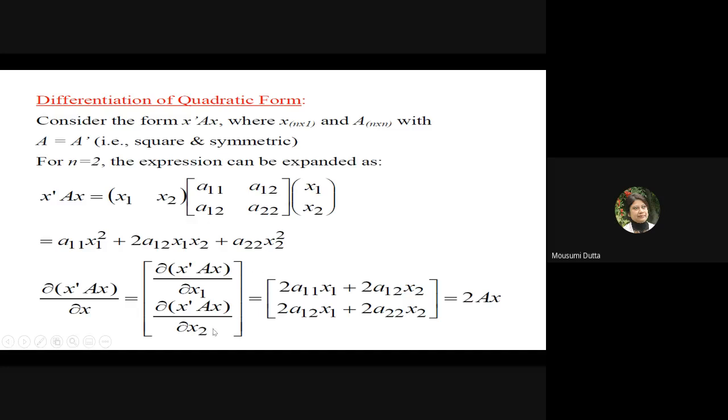If I take the derivative with respect to x2, I get 2a12 x1 plus 2a22 x2. If anyone does not understand this, please tell me.